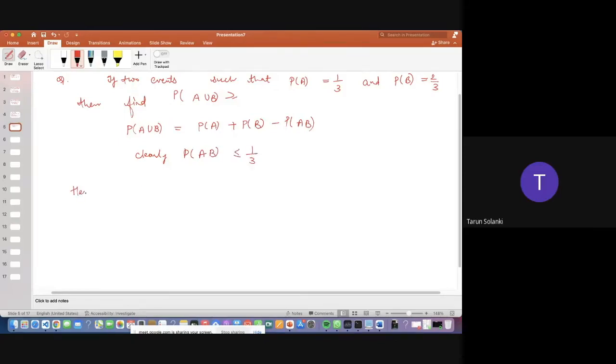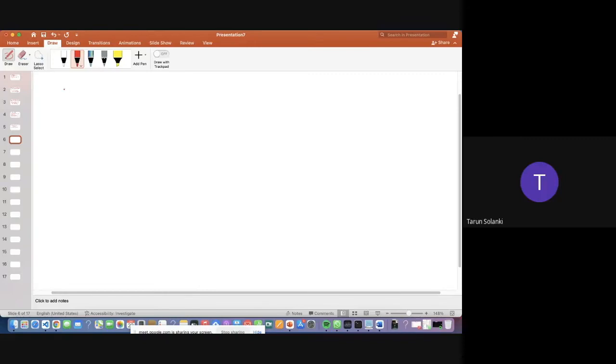So hence P of A union B is greater than or equal to P of B. That is, P of A union B is greater than or equal to 2 by 3. Okay. So this thing we have covered. So you can copy it.